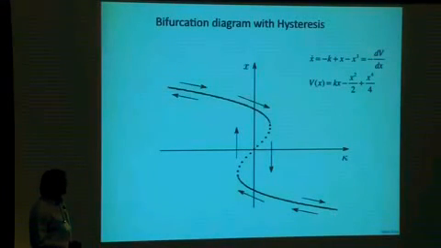It has almost the same form as a supercritical Pitchfork bifurcation, except I'm adding a constant value. So this is now my control parameter. Think of it as dirt in your system, or some element that breaks the symmetry. Before it was a Pitchfork bifurcation, and now I'm varying this parameter here. Look what happens to the bifurcation diagram.